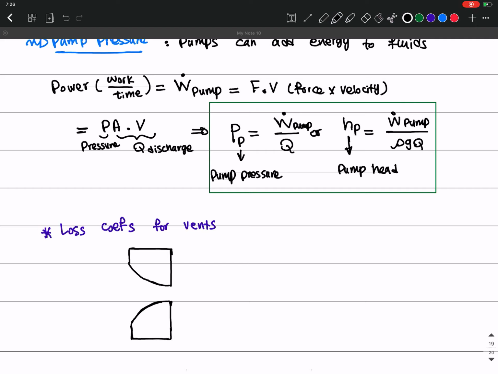Okay, and so we have, say, section 1 here and section 2 here, and we have the fluid that is moving like this, and so it goes out from here with a velocity v2.